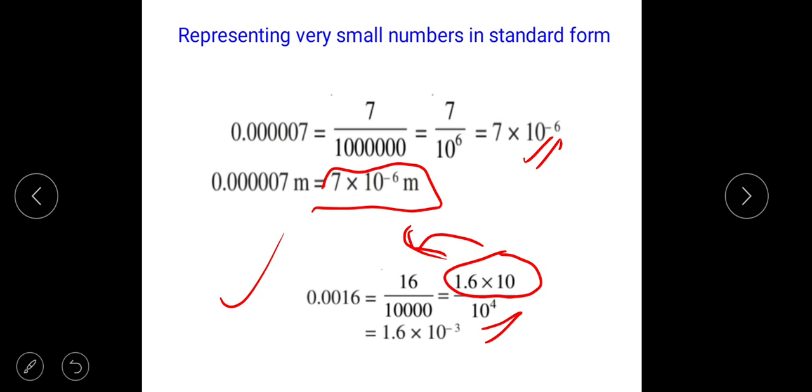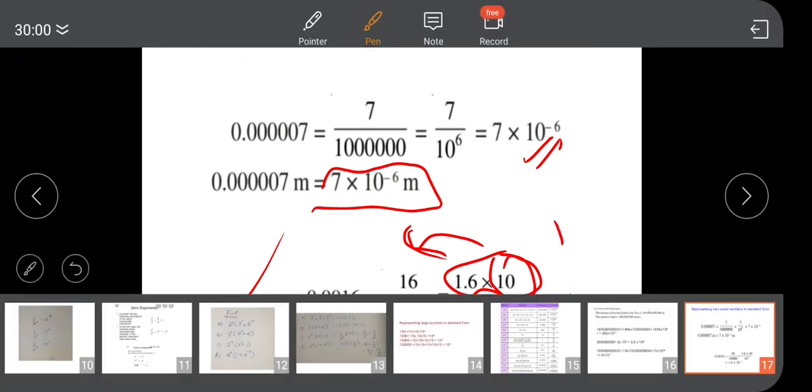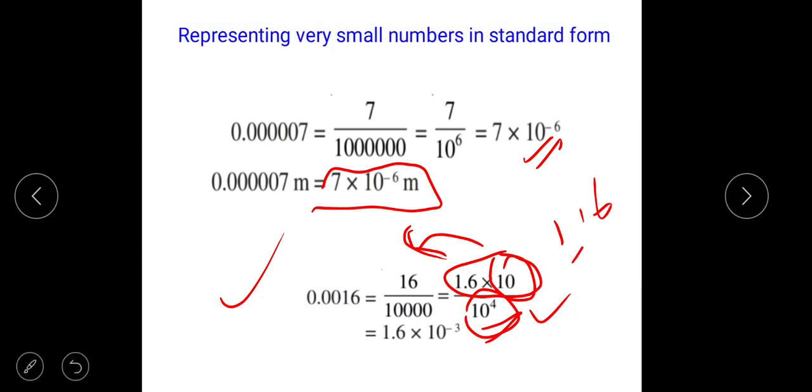So here a 10 divided by 10 raised to 4. So 1 ten will be cancelled from this denominator. It becomes 10 raised to 3. That is, at last we will get 1.6 by 10 raised to 3. So that can be written as 1.6 into 10 raised to minus 3. 1 by 10 raised to 3 means 10 raised to minus 3.